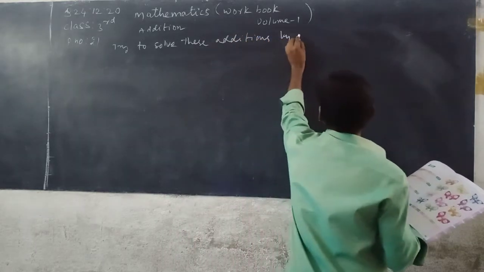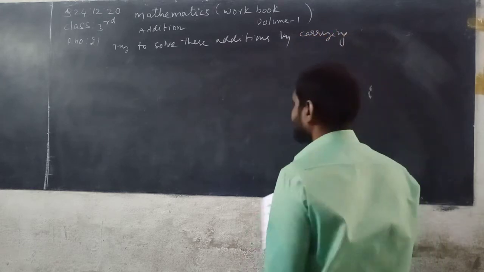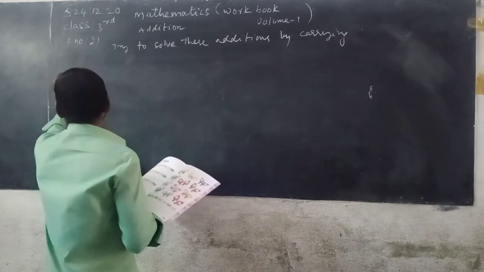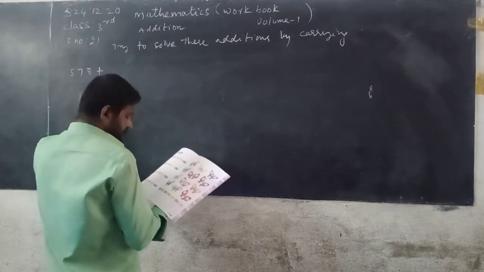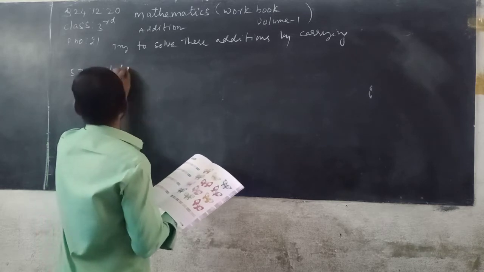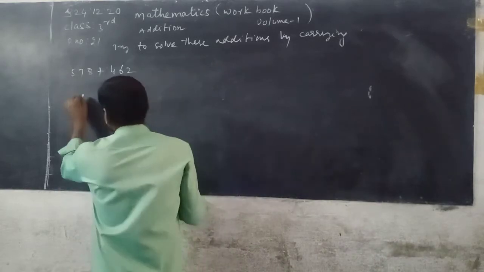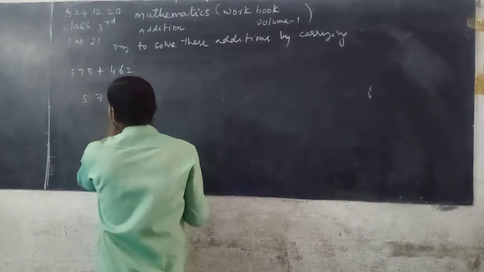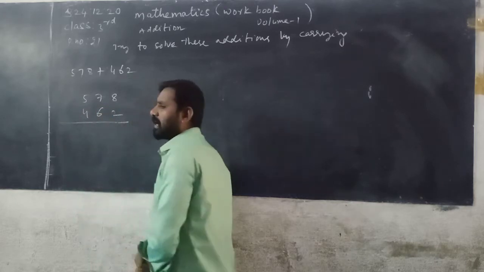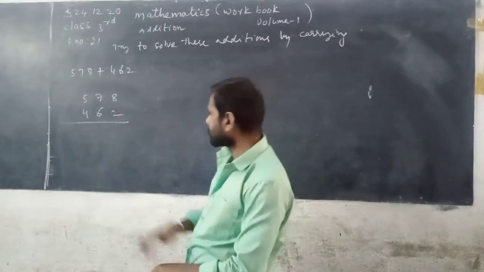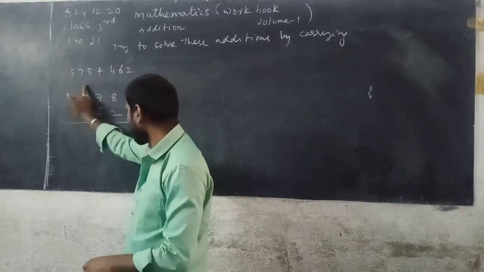First one, listen carefully. 578 plus 462. First write in column form according to their places. This is ones place, tens place, hundreds place. Ones column, tens column, hundreds column.